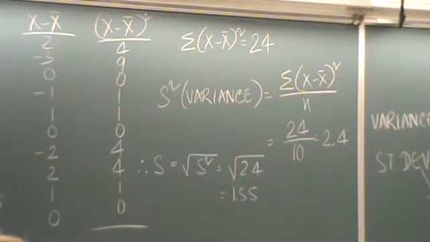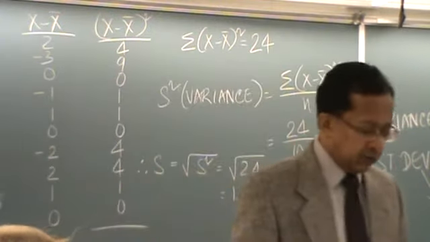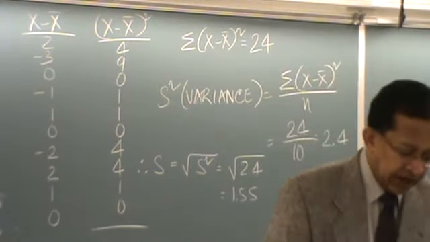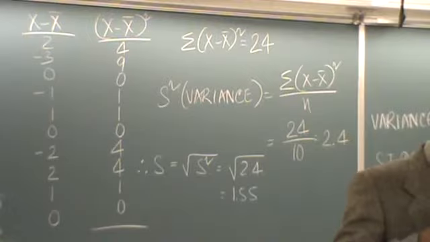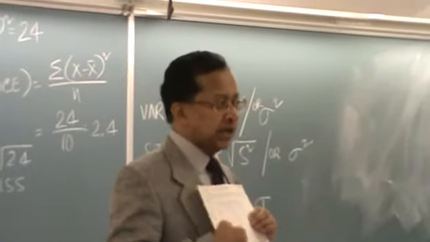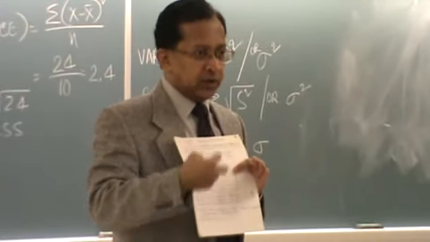That's all we have so far. Now, if I am giving you this kind of information, and then I'm asking you this question, between state A and state B, which data is more dispersed, meaning dispersed around the mean? Which data is more dispersed than the other one?